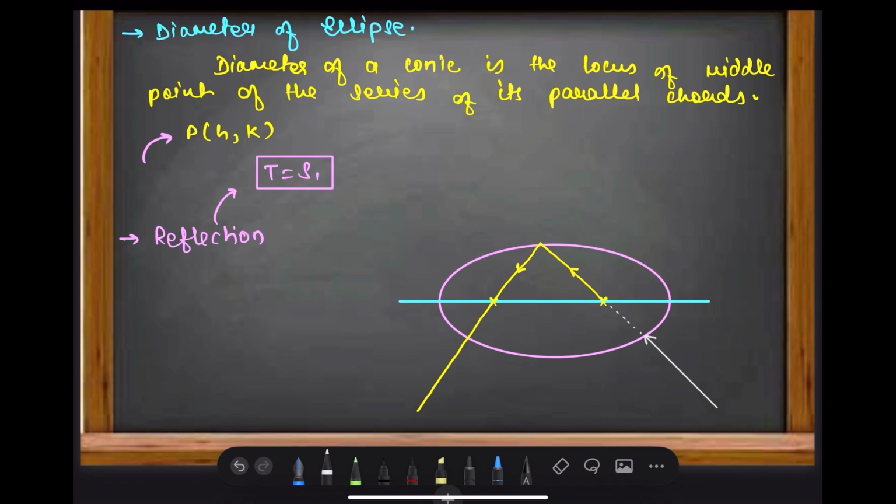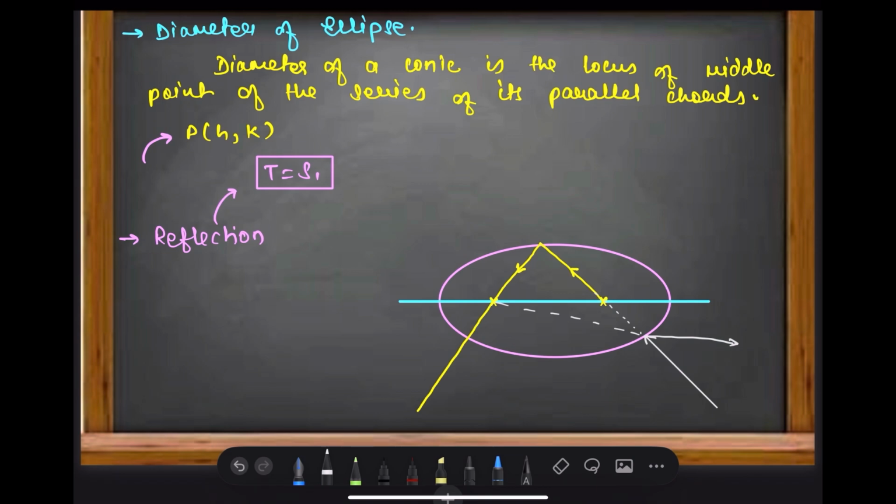It will pass through this situation. And the angle after reflection, it will move in such a way so that it will get connected with this situation. Okay, so this line is the reflected ray, this line is the incident ray.